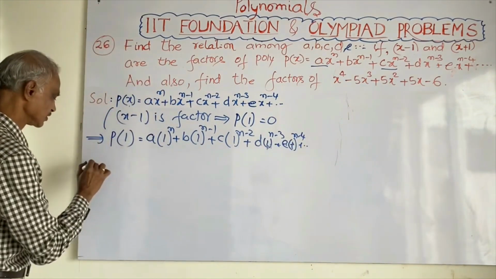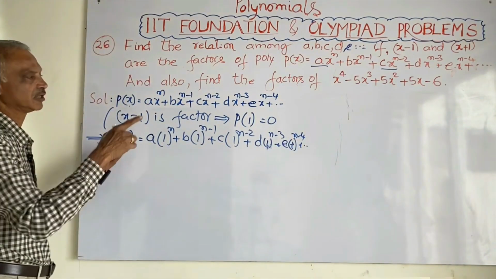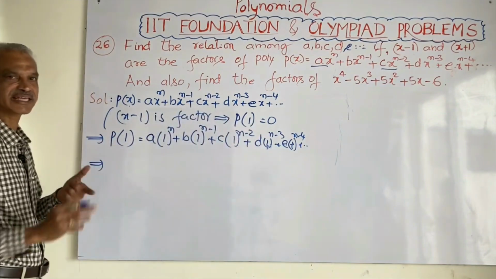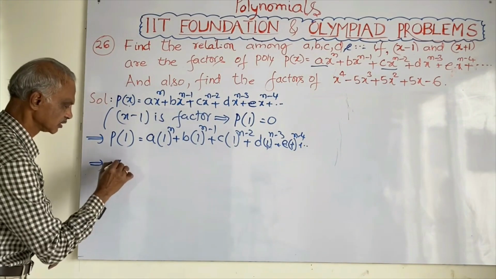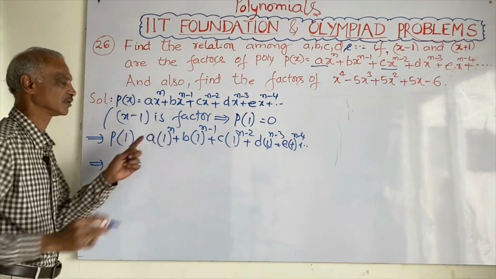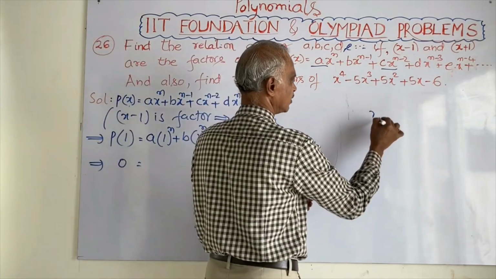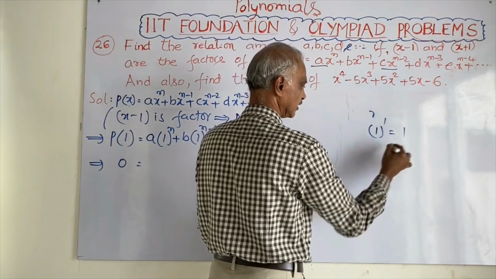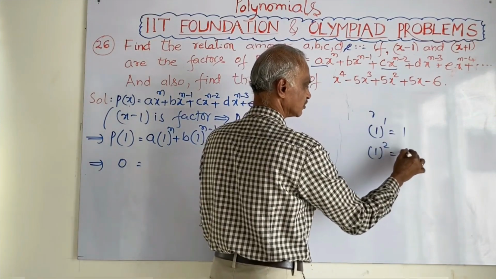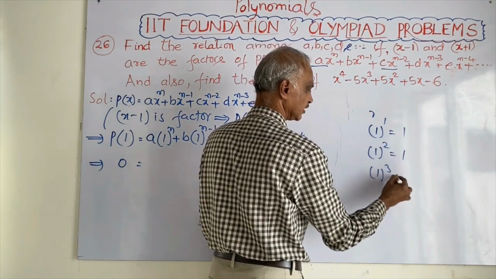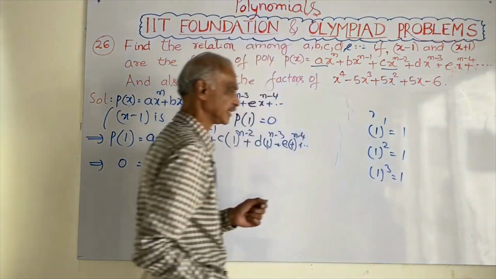See, p of 1 is equal to 0 because x minus 1 is a factor. 1 to the power of n: whatever n is, 1 to the power of 1 is 1, 1 to the power of 2 is 1 only, 1 to the power of 3 is 1 only, like that.